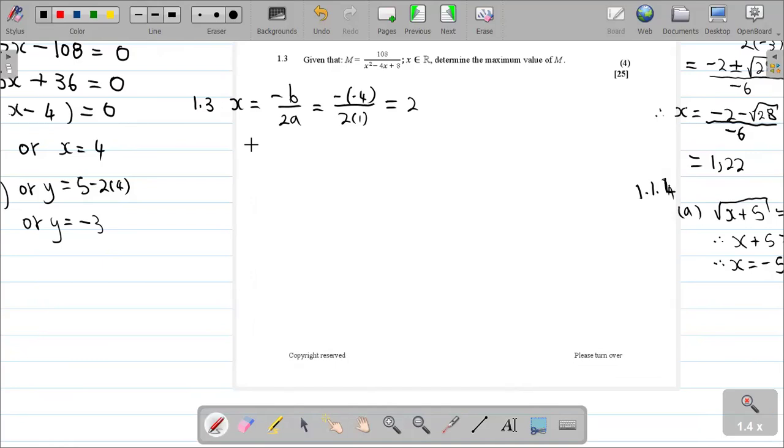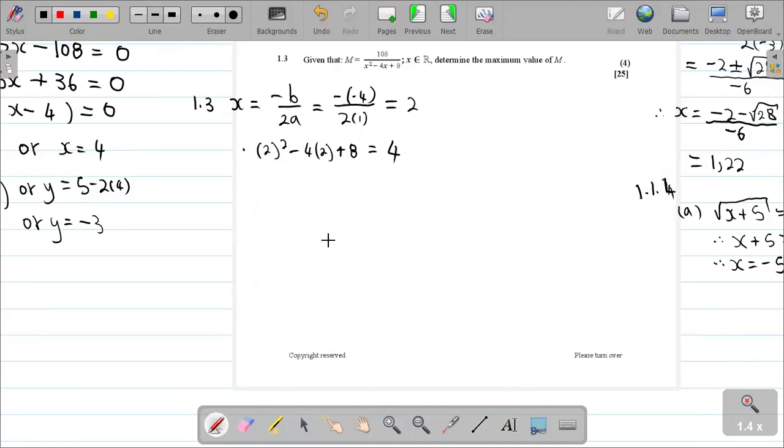So then we have 2 squared minus 4 into 2, and then plus 8. This is going to be 4 minus 8, which is -4, and then plus 8. It's going to be a 4.